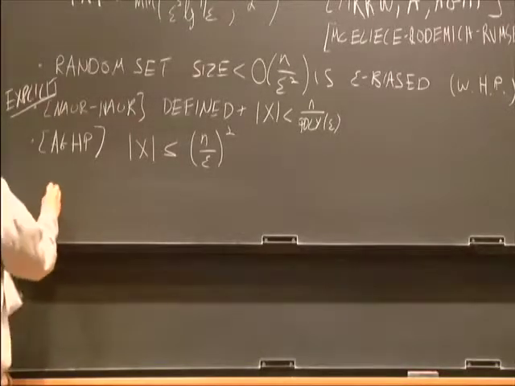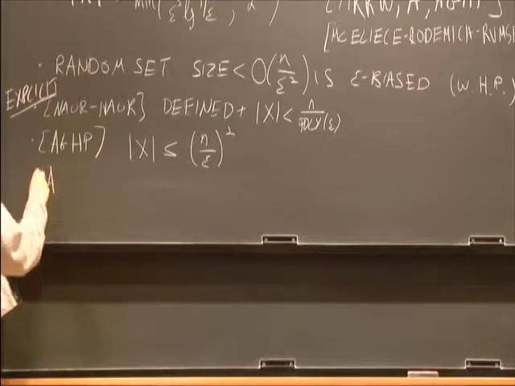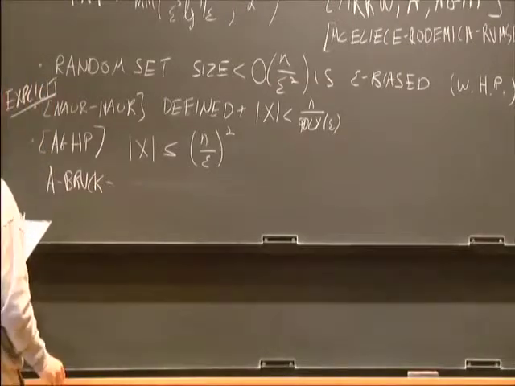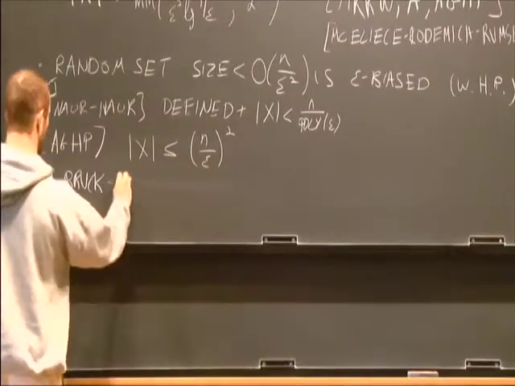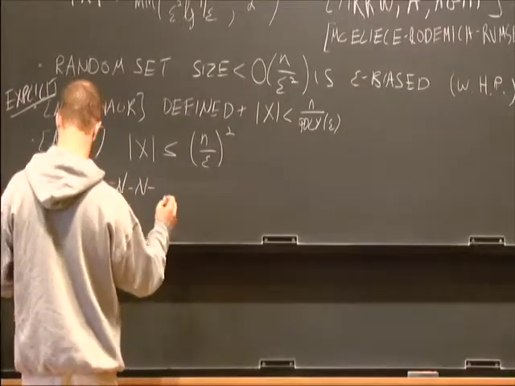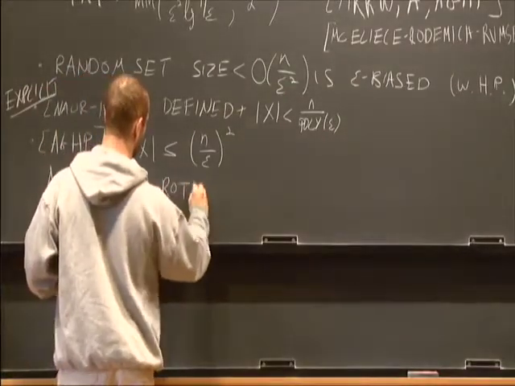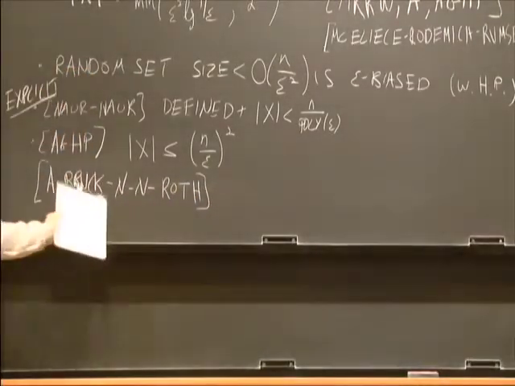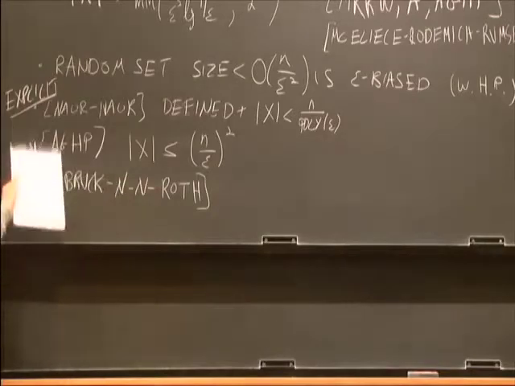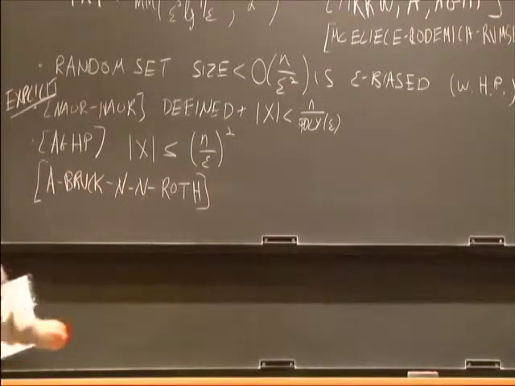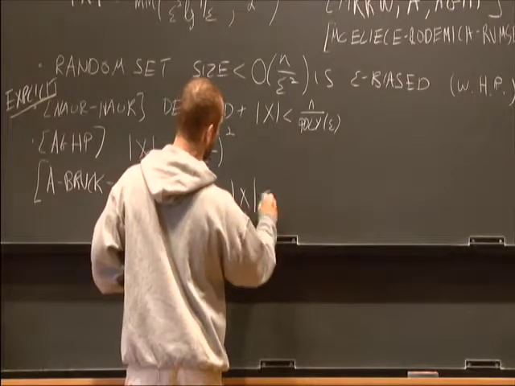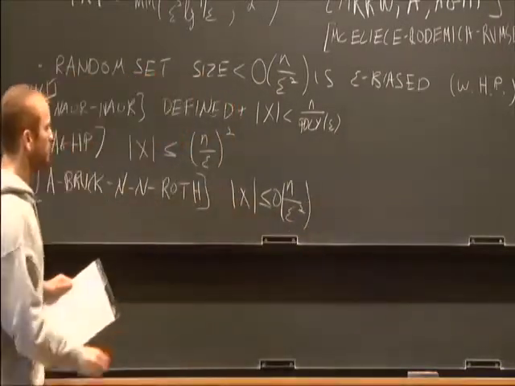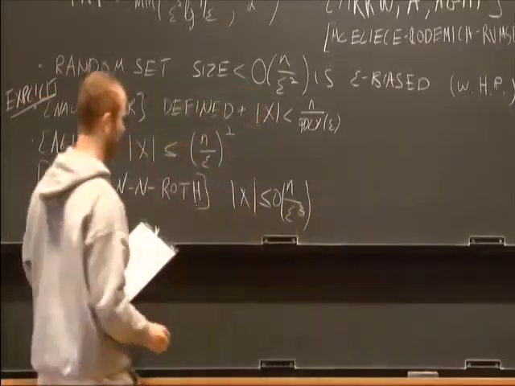And then there is Alon, Noga Alon, Bruck, Naor, and Roth. These are the names that appear here. They constructed a set of size roughly n over epsilon cubed.